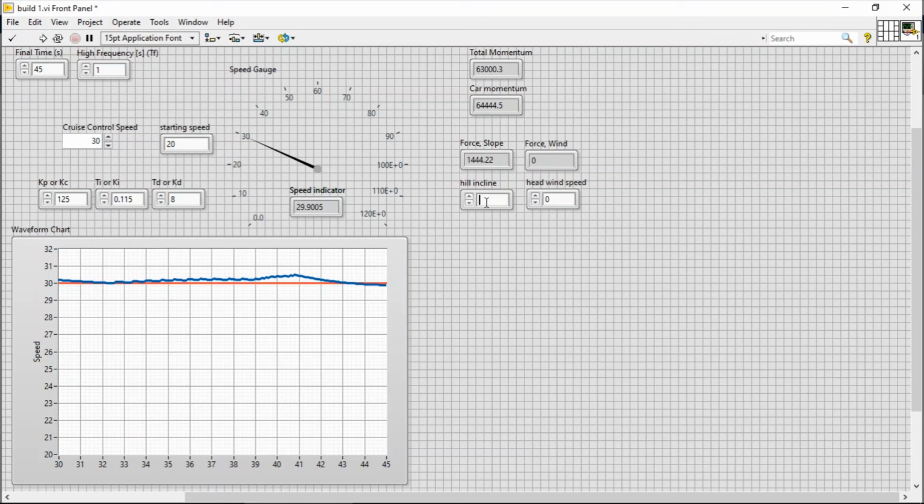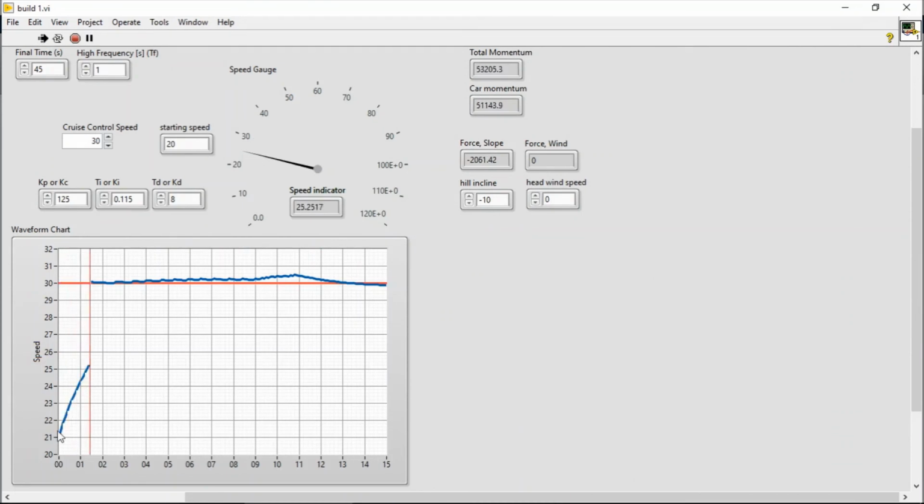So just to run it one more time, let's say we're at 0, actually, let's make it -10. Say that we're going down a hill whenever we hit it. So we're actually going to shoot up just a little bit quicker here. But, I mean, it caught it. And we're going down the hill, and then we're going to come up a hill.